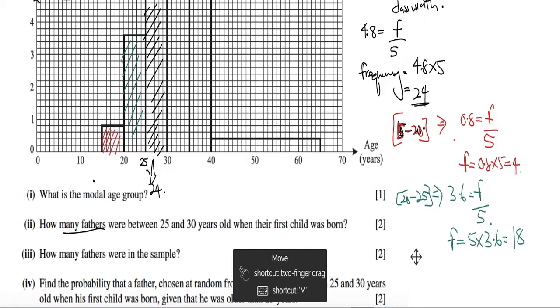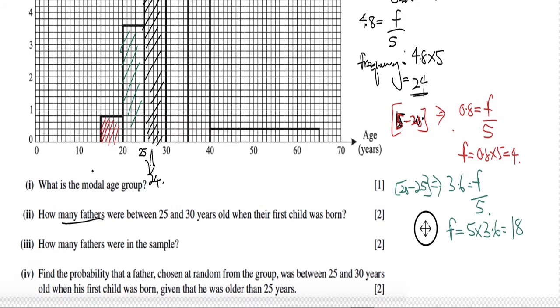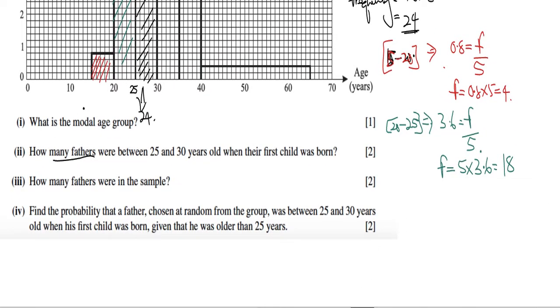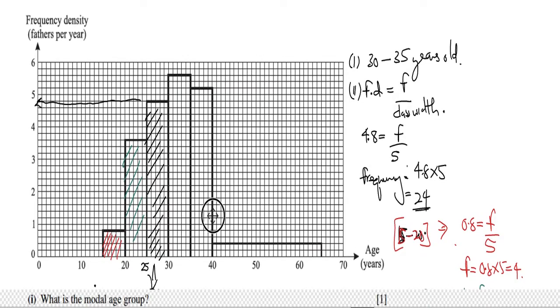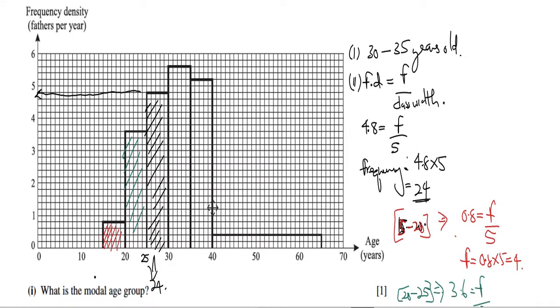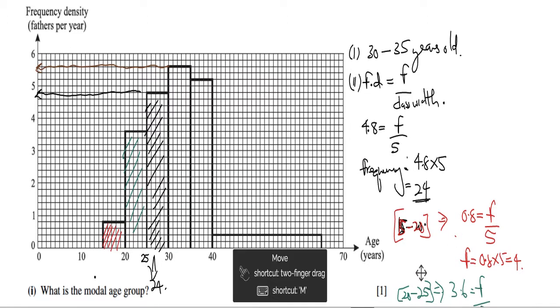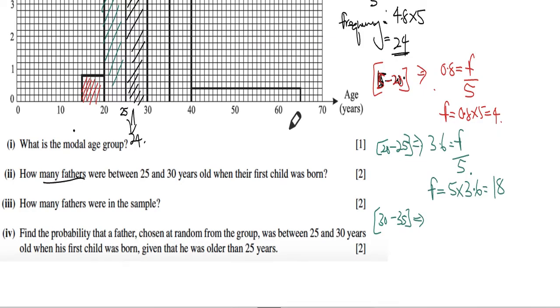The next group is 30 to 35. For class interval 30 to 35, let's look at the height. I have 5.6 as the frequency density.